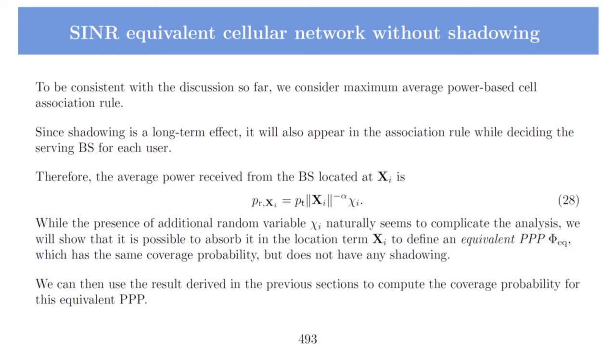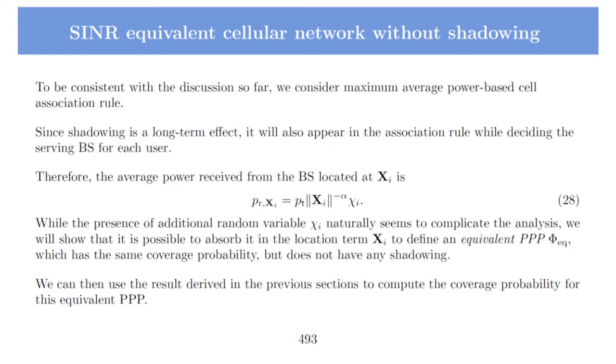Again, to point this out, shadowing is a long-term effect, so we will include it in association. The average power received from the base station when shadowing is included, in other words the power level which will be used for association, is equal to transmit power into norm of Xi to the power minus alpha into psi i, which is the shadowing.